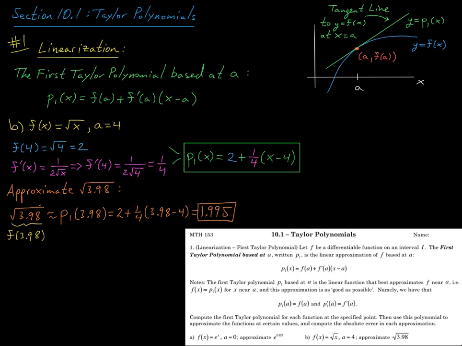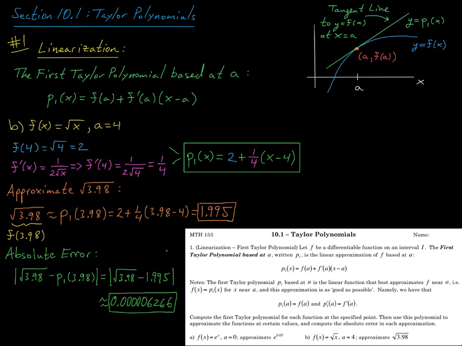But in any event, let's go ahead and use p1 of x to approximate the root of 3.98, which is simply f of 3.98. And just like in part A, that's going to be approximately equal to p1 of 3.98. So if I plug in 3.98 into p1, I get 1.995. Okay, so absolute error.